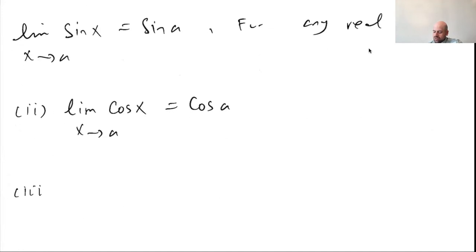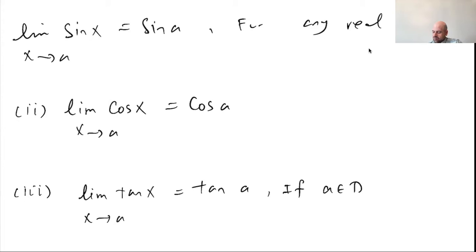For the tan function, the limit of tan x as x approaches a is equal to tan a if a belongs to the domain of tan x, i.e. if cos a is not equal to 0.